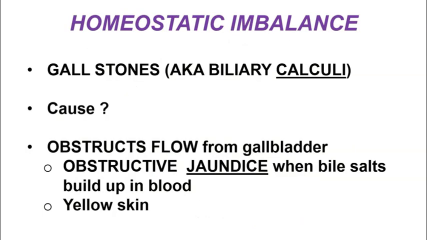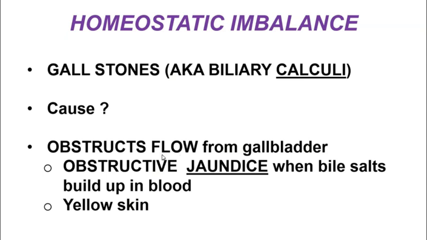Looking at some homeostatic imbalances of the gallbladder, we see that gallstones, also called biliary calculi, can be created. Typically, the cause of gallstones is excessive cholesterol production, either by the body or excessive cholesterol intake through the diet, since bile, as you probably recall, is a cholesterol derivative, and so too much cholesterol can create gallstones within the gallbladder.